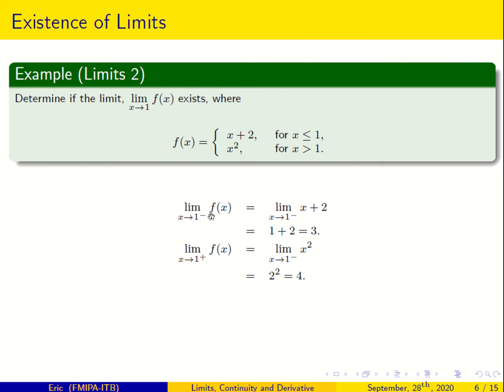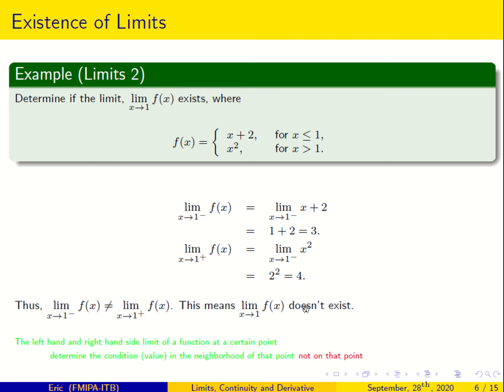So the limit of f(x) on the left of 1 is 3, and the value of f near x on the right of 1 is 1. The left hand side limit is not the same as the right hand side limit. So I can conclude that the limit of f as x goes to 1 doesn't exist.